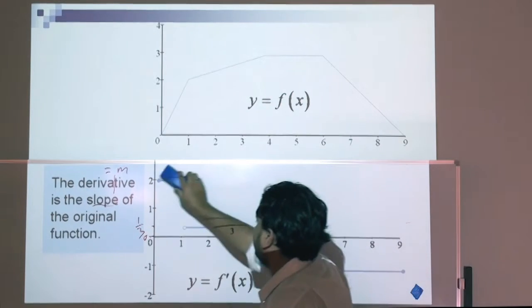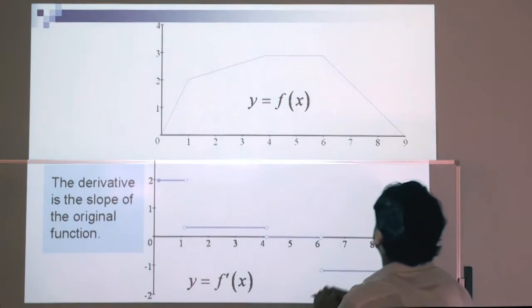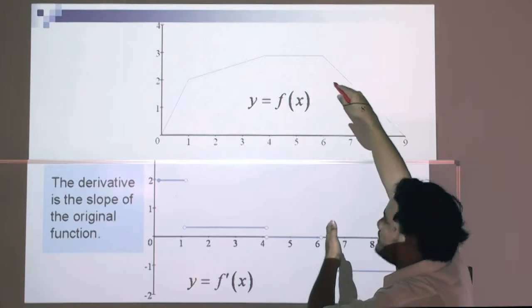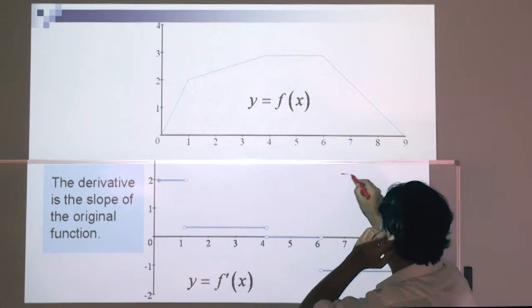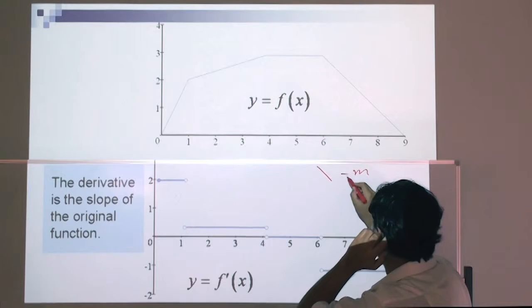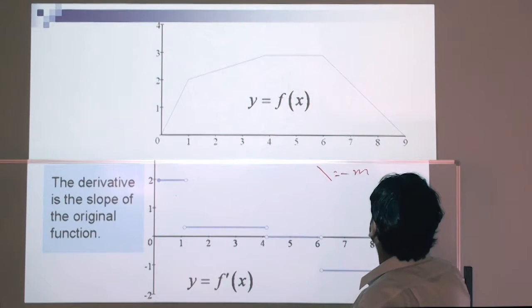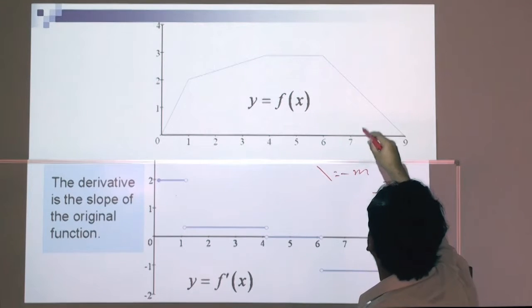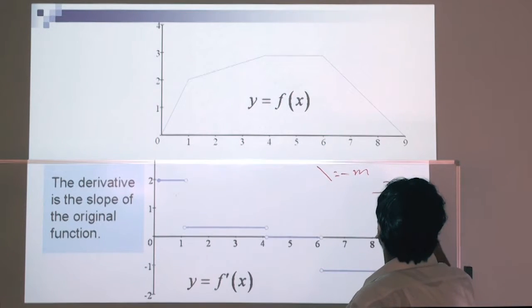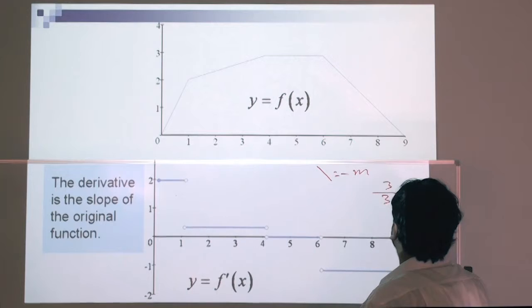And the final part, notice that the line goes downwards, so it's going to be a negative gradient, okay, if the line goes down. So we have 3 over 3, which equals 1. It's going to be a negative 1.